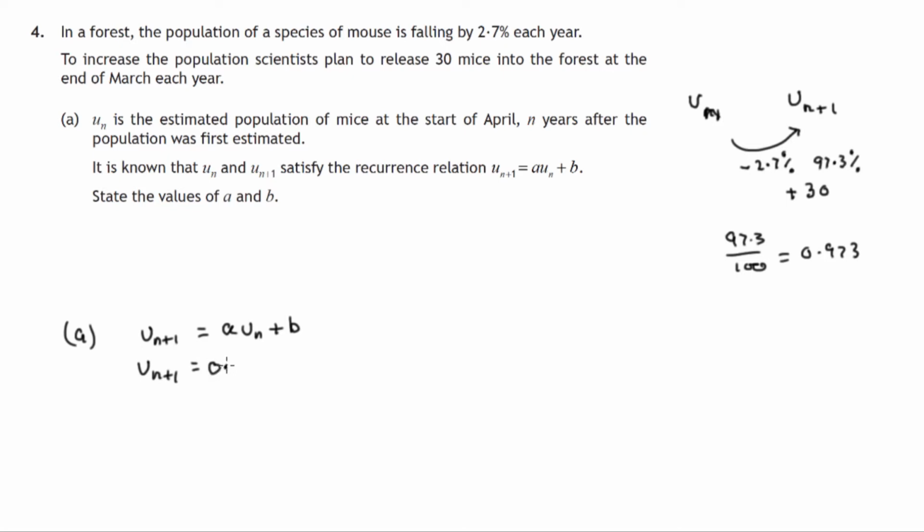The multiplier is 0.973. So that means 1 year's population, 97.3% of it's left to get the next year's population, but with 30 mice added to that scenario. So in that case, we now know that a is 0.973 and b is equal to 30.